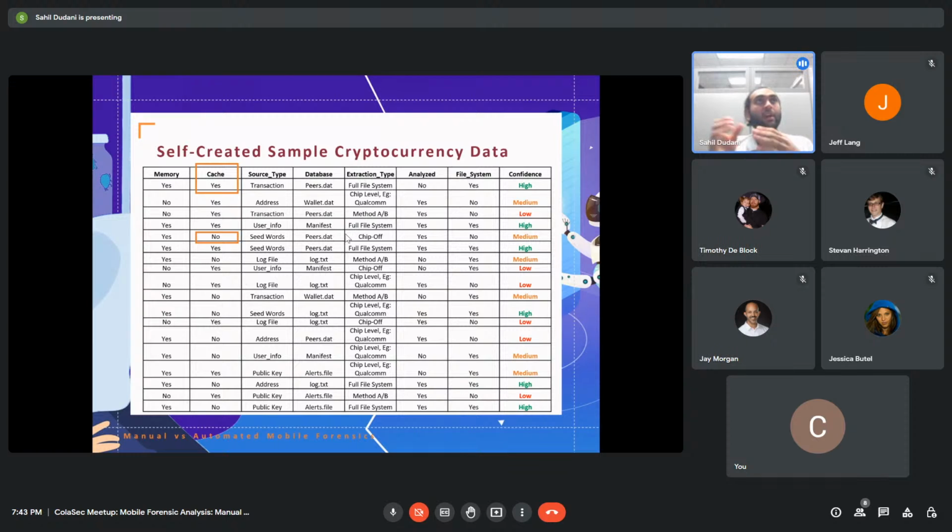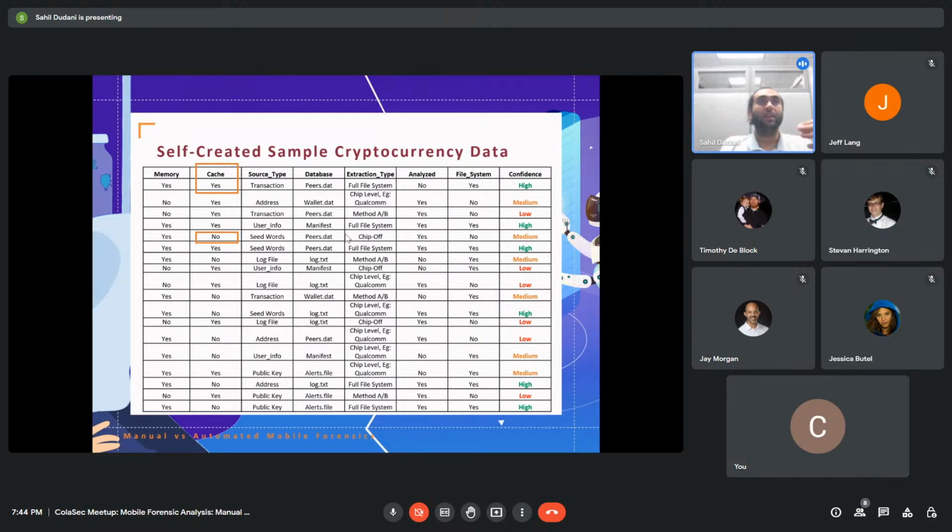If a particular artifact was derived just from the cache, I would probably in certain cases have a lower confidence level on it. But if it was derived from the memory, the stable memory, I would probably place more confidence in it.